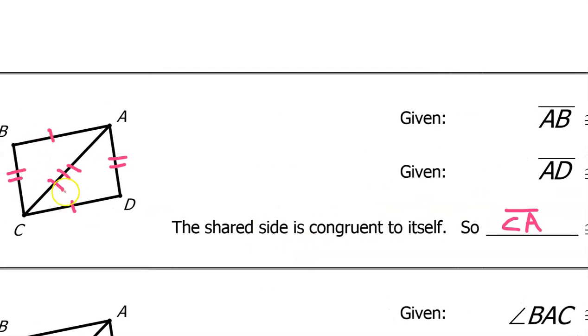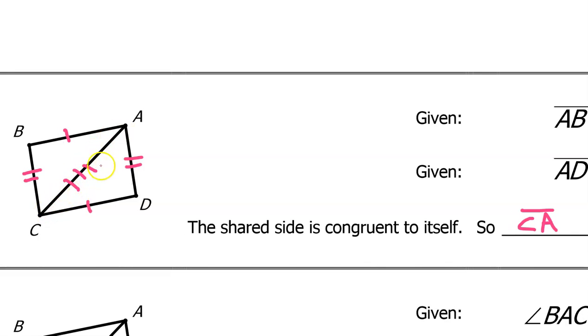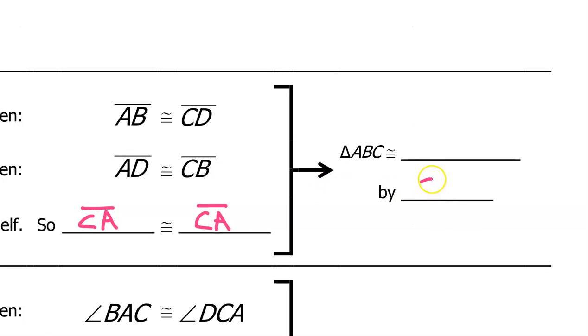When you have a shared side, you just say that the side is congruent to itself. So anyway, if you look at one triangle at a time, you can tell the reason that proves these triangles congruent. So it should be obvious that this is side, side, side. So over here, I'm going to say side, side, side.